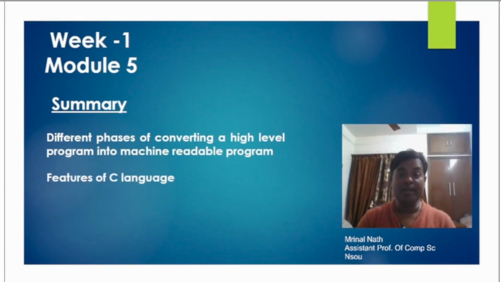In the next point, we have seen various features of the C programming language. Most of them are good, and a few of them can be treated as a drawback as well. And we have seen there is no programming language which is best in everything.